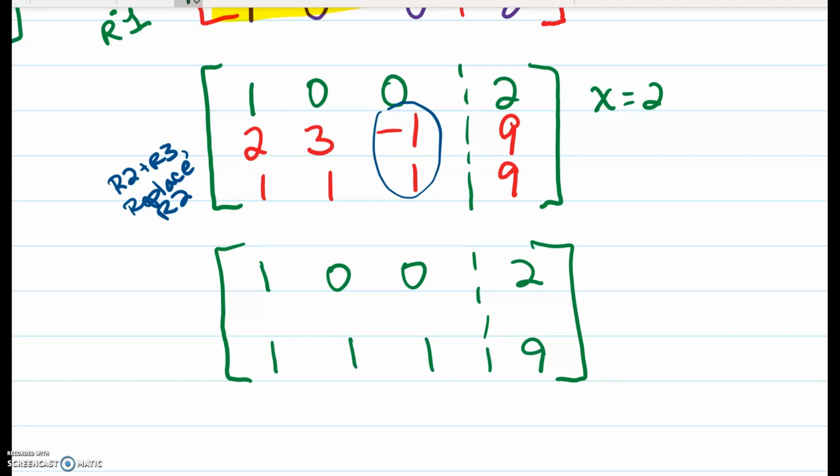And again, I'm adding together row 2 and 3. So 2 plus 1 is 3. 3 plus 1 is 4. Negative 1 plus 1 is 0. And 9 plus 9 is 18. Now, the nice thing is that this element here, again, I'm having some technical issues here.